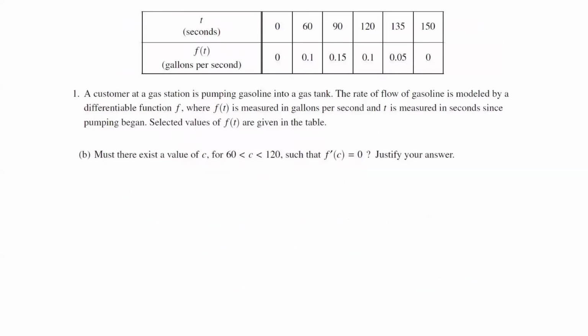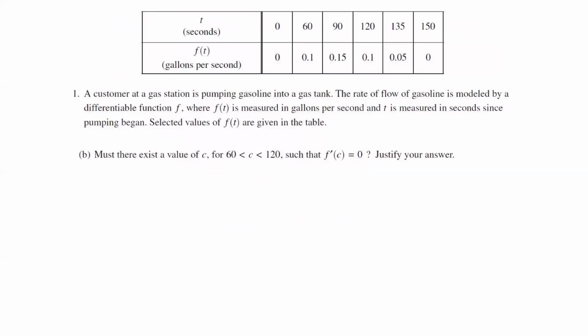Part B relates to the same question, and the question is, must there exist a value of c between 60 seconds and 120 seconds such that the derivative of this function is equal to 0?